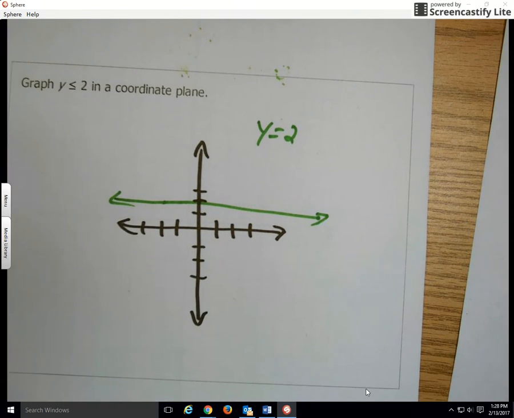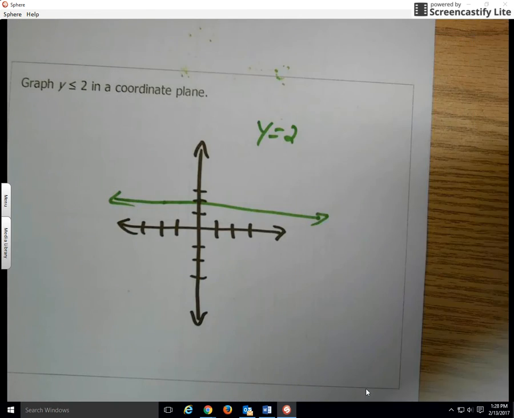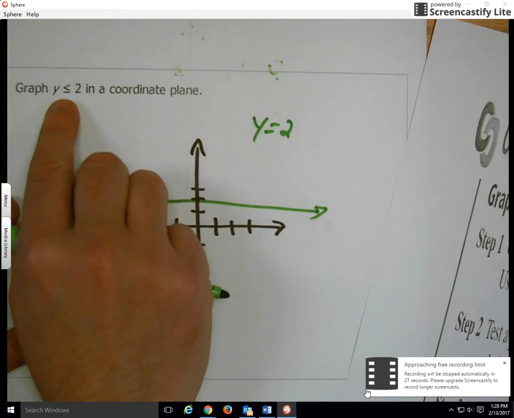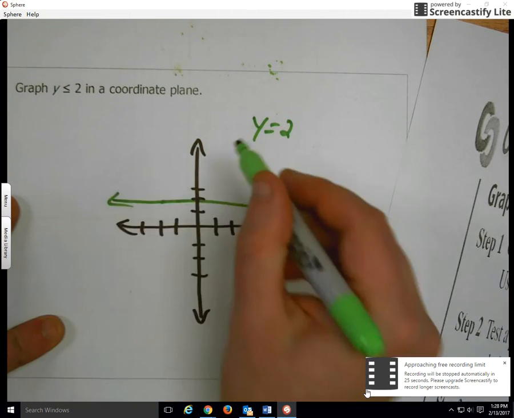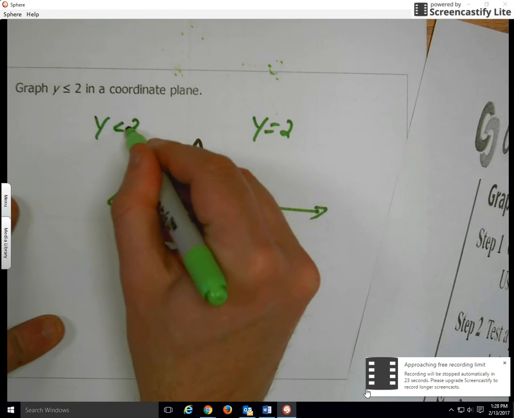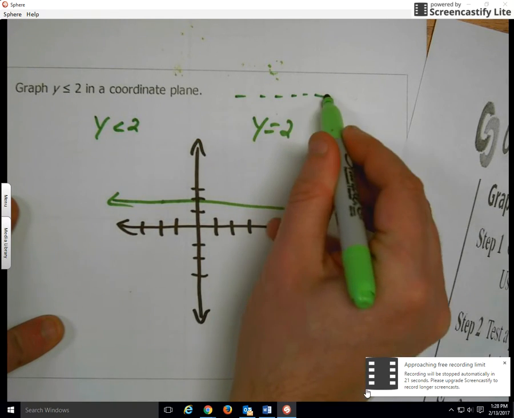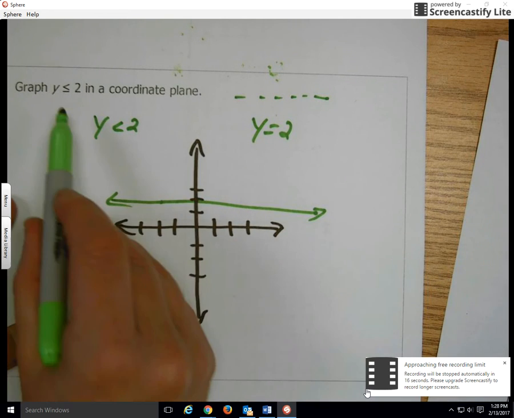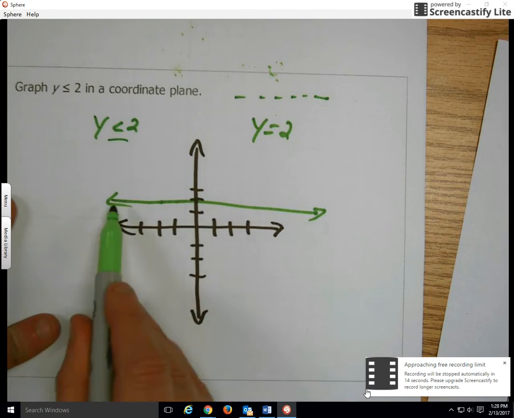But now we have to shade in a half, right? Oh, by the way, this is a solid line because it has the is equal to included. Had it just been y is less than 2, the line would have been dashed. But we'll give you some more examples of that later. Right now it's is less than or equal to, so it's a solid line.